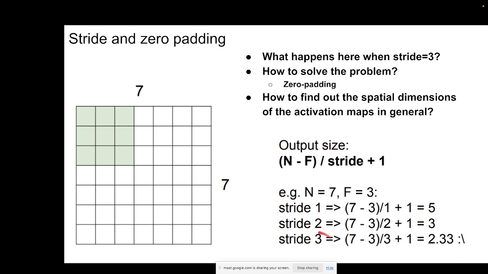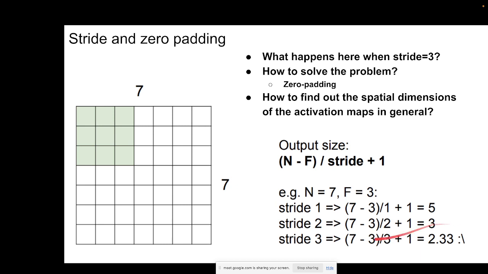And the moment you have stride equal to 3, you can see that we are not getting an integer. Your n is not in your hands, but f and stride are. So you have to make sure that at the output you get an integer for sure. No fractions will do here. If you get a fraction, your code throws an error.